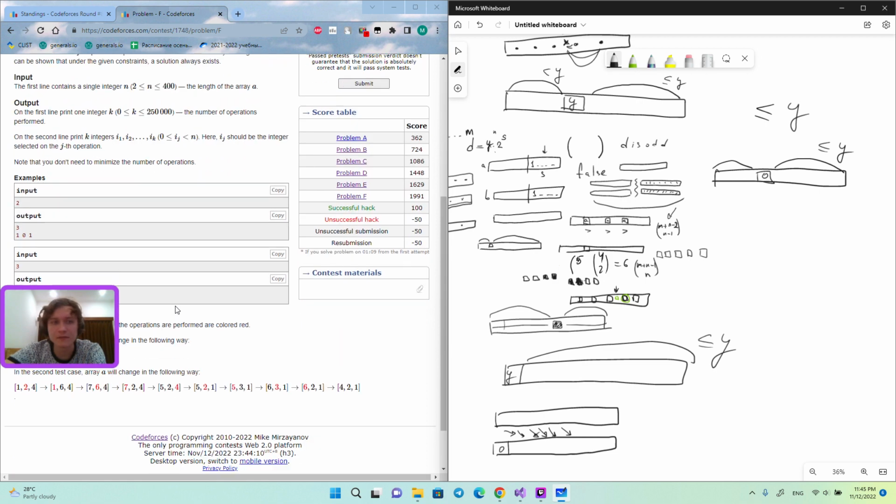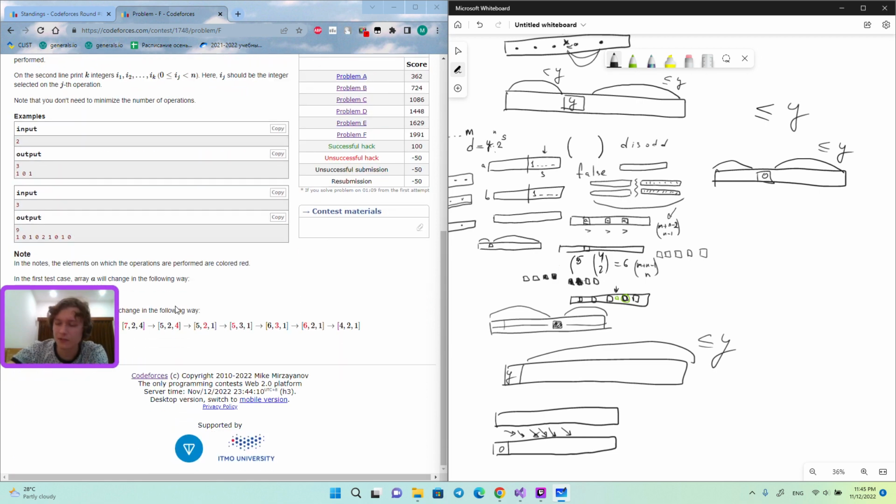This is an interesting problem. Maybe we can look at the examples. So we need a set of operations that reverse the array.